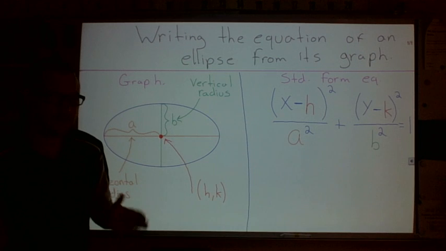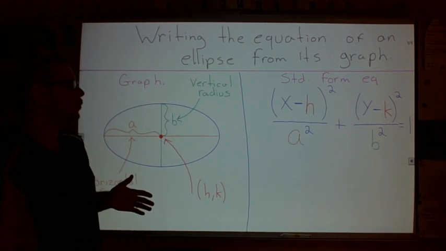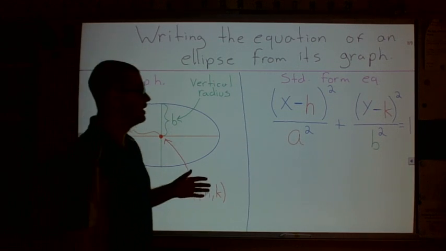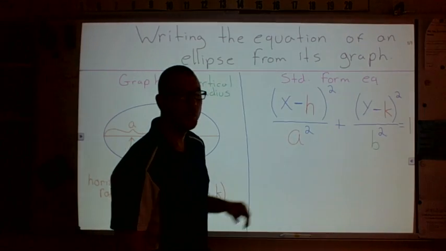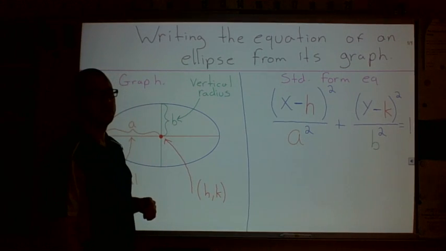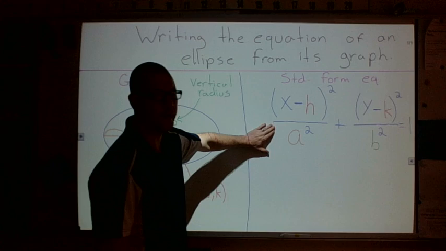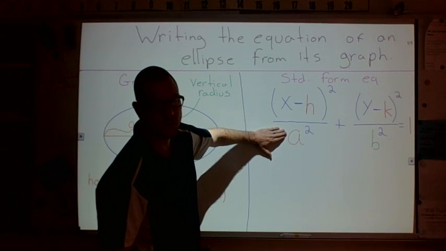So we have names like major axis and minor axis, but when it comes to the algebra, it's really the association. If something is grouped in with the x variable, it's going to act horizontal. So this denominator under x tells me the horizontal radius.